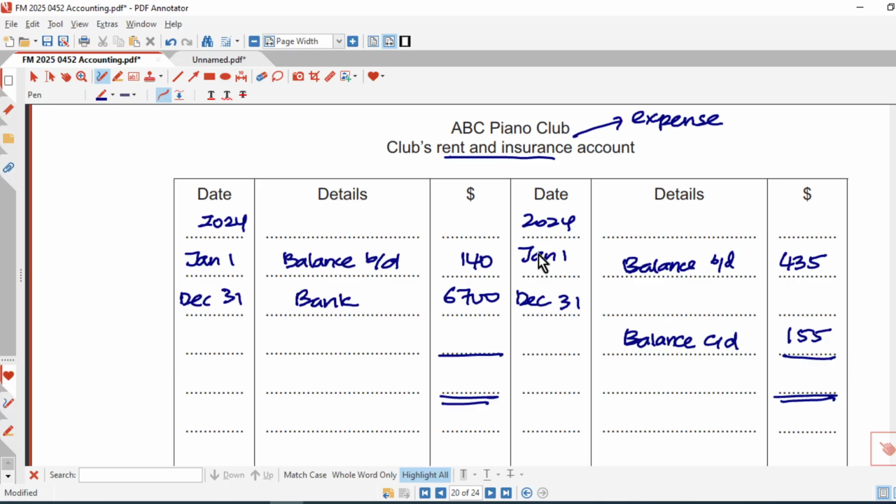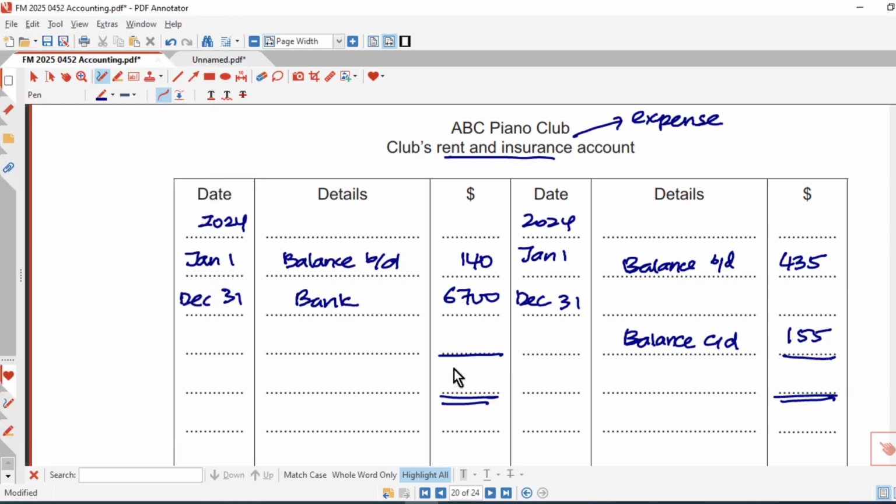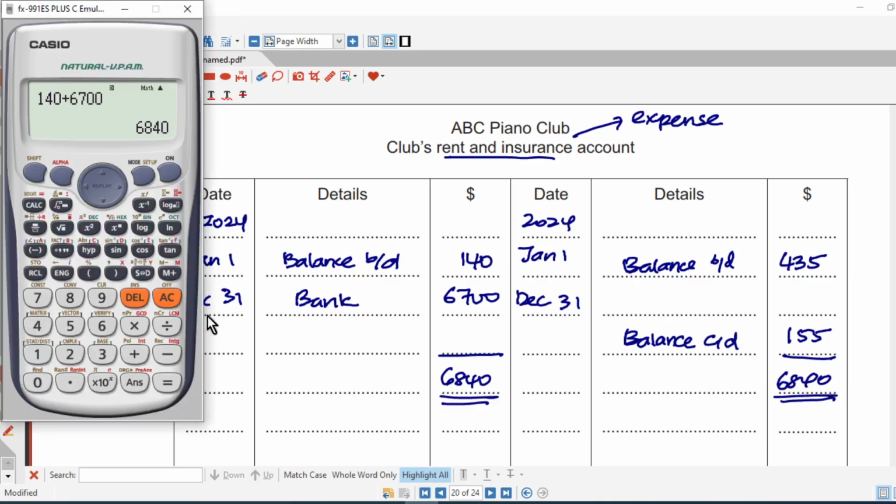Okay, so let's do our calculations here. 140 plus 6,700, obviously that's the larger balance here. You get 6,840. So let's minus off 435 and also 155.